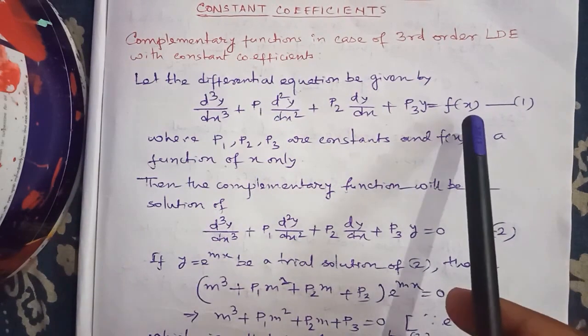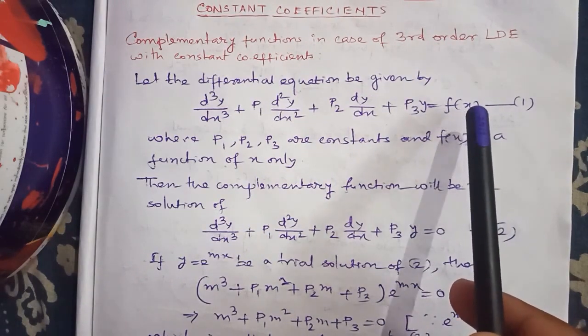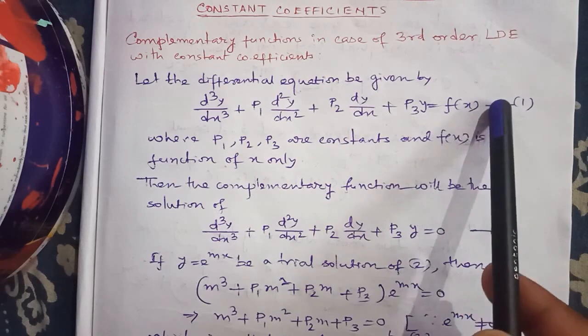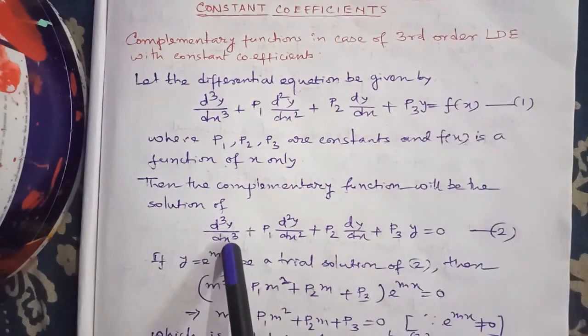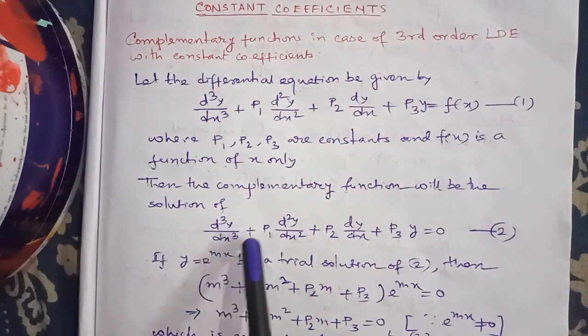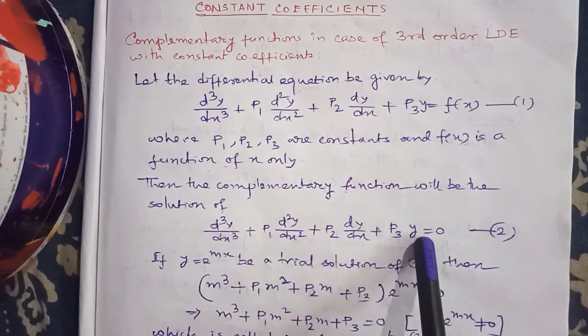Look here, what was f(x)? When we find the complementary function, we take f(x) as 0, and the equation we get is d3y/dx3 plus p1 d2y/dx2 plus p2 dy/dx plus p3 y is equal to 0.